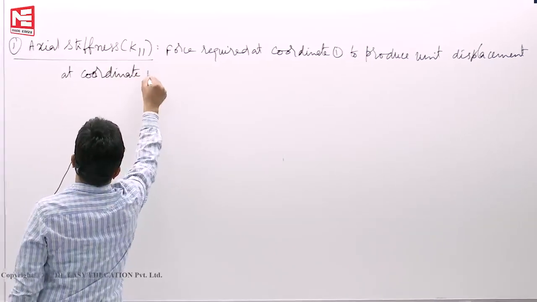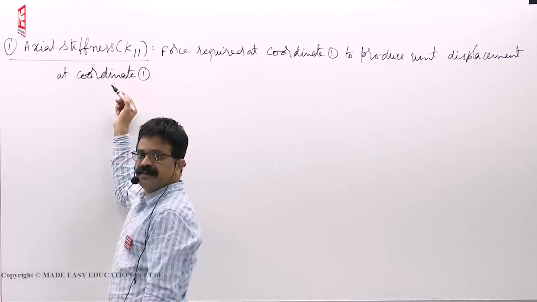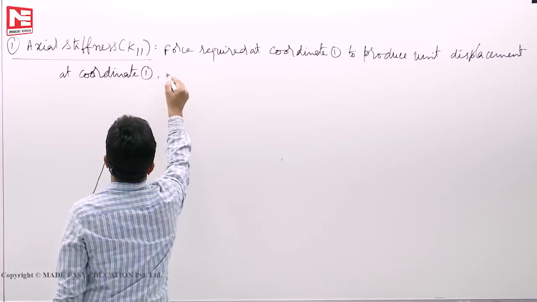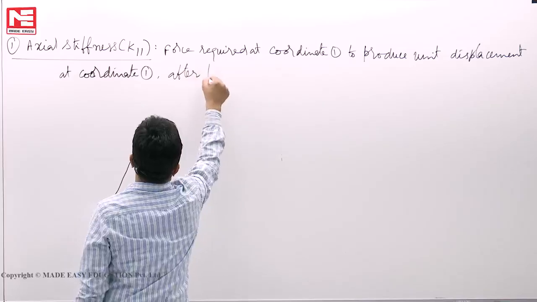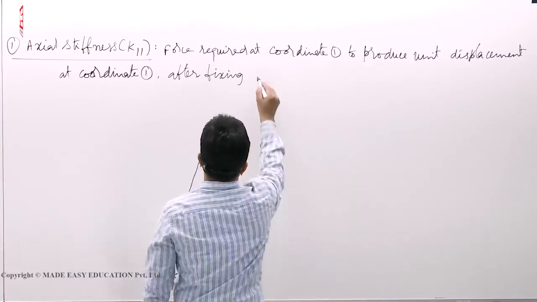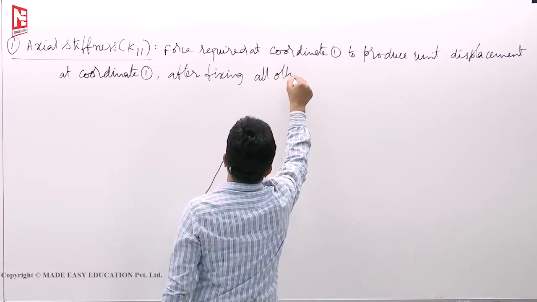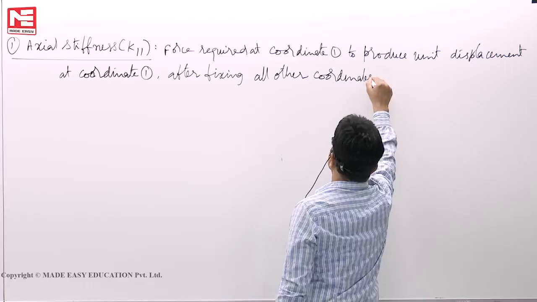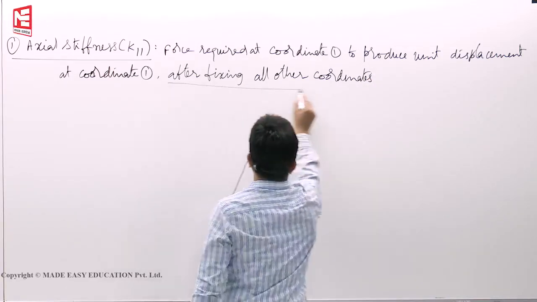Unit displacement at coordinate 1, when you find it after fixing all other coordinates.